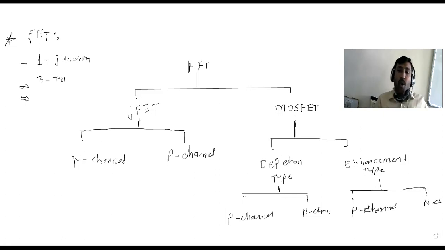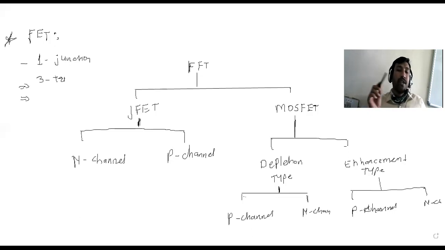So now first, FET is a one junction field effect transistor. It is a unipolar device. It has 3 terminals, and it is a semiconductor, and it acts always in reverse bias. Alright, and it is a voltage control device, right? Now, FET is divided mainly into 2 types, JFET and MOSFET.